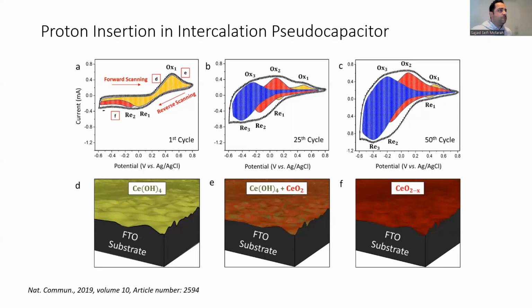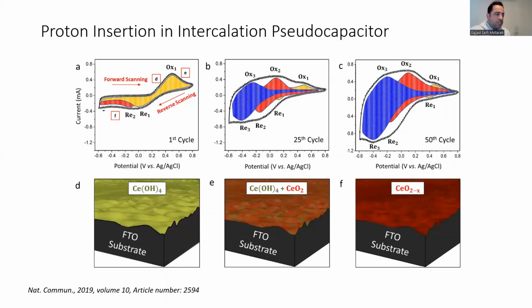That means formation of cerium hydroxide and not cerium oxide. But because this experiment was done at temperatures above room temperature, I think around 60 or 70 degrees, we got cerium oxide, which is shown in red: OX2 and RA2, which show reduction of cerium oxide and oxidation of cerium oxide.